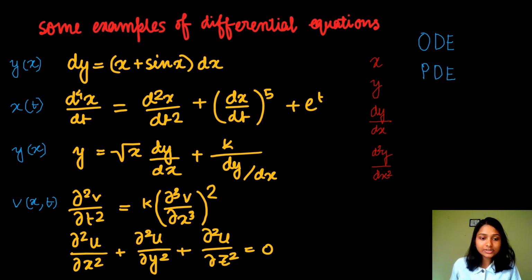But in these two cases, we have more than one independent variable. In this case, we have two independent variables, x and t. In this case, we have three independent variables: u depends on x, y, and z. These cases, where we have more than one independent variable, require partial differentiation.